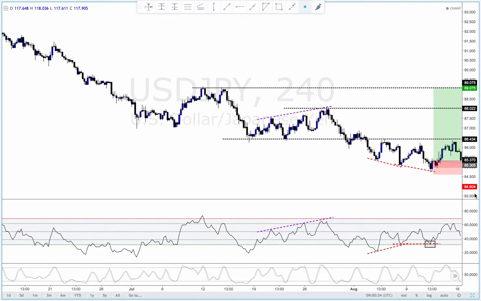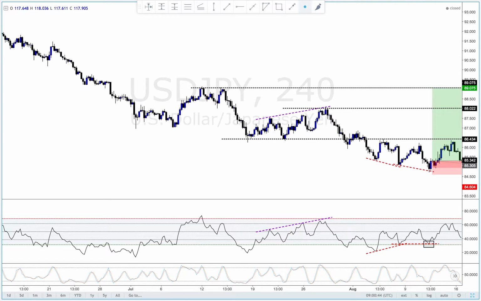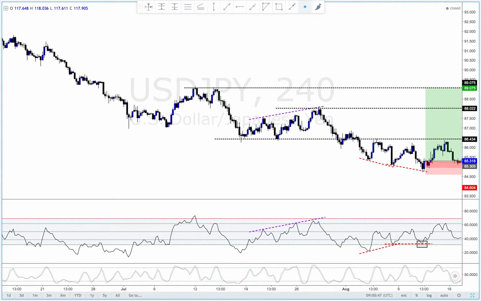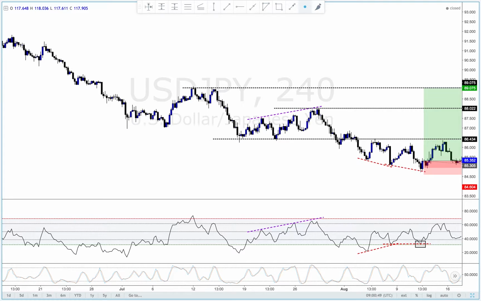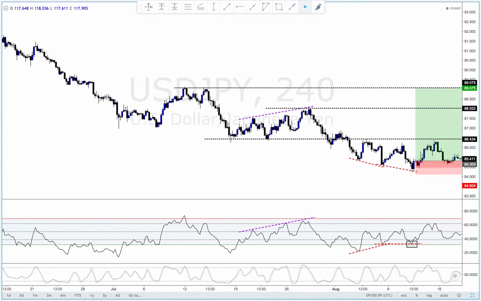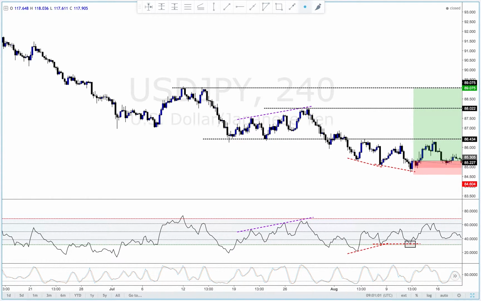Let's move the chart forward and see what we got. So we could have closed out at 93 pips just off of what we can see. Let's go forward. I can see in the red zone that as far as that red square is extended, this trade is in a drawdown at the moment. Let's keep going, but it hasn't been stopped out as far as I can see.